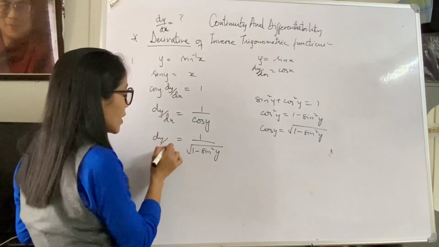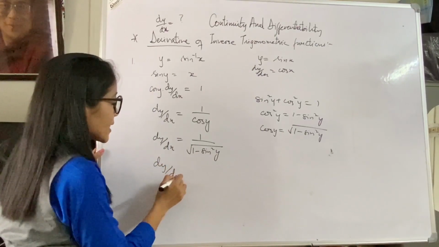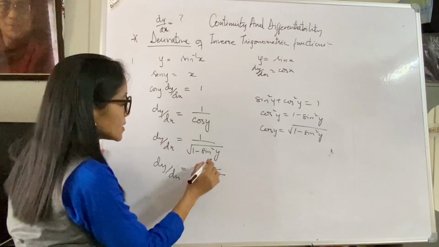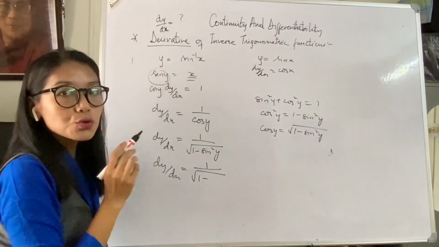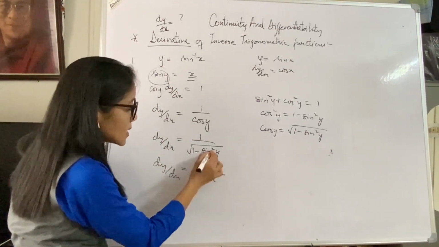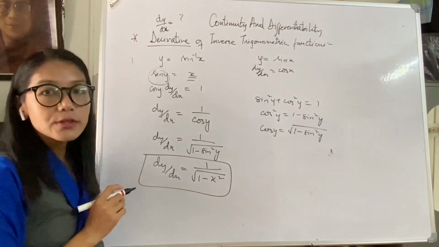So dy by dx is equal to 1 upon square root of 1 minus sin square y. Now what is sin y? Sin y is equal to x, so I can replace this: sin y is equal to x, whole square. So this is the derivative of sin inverse of x.